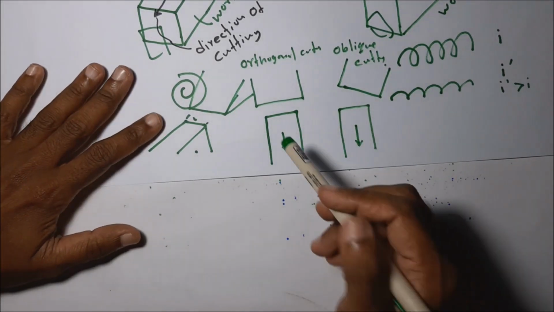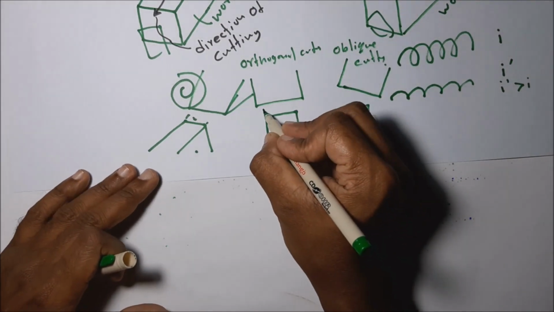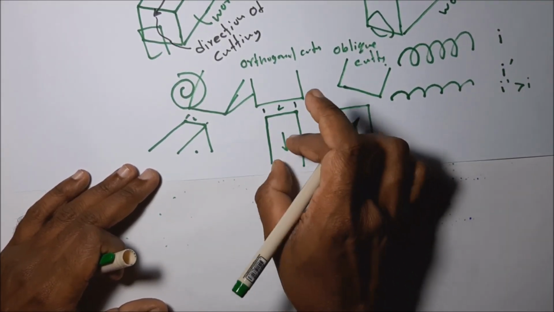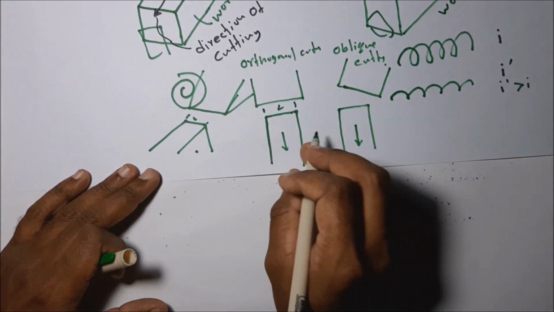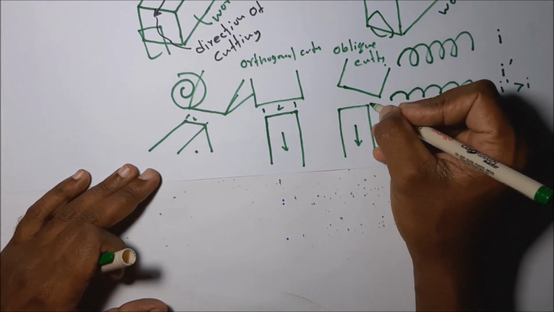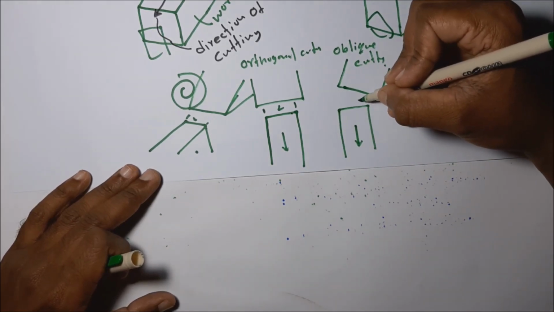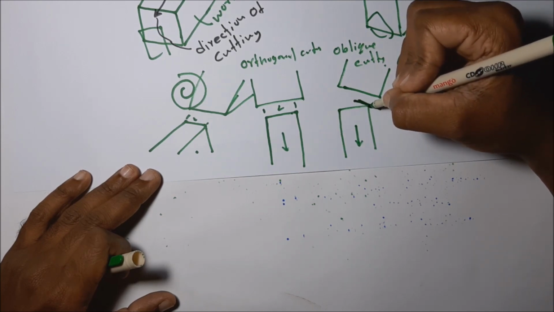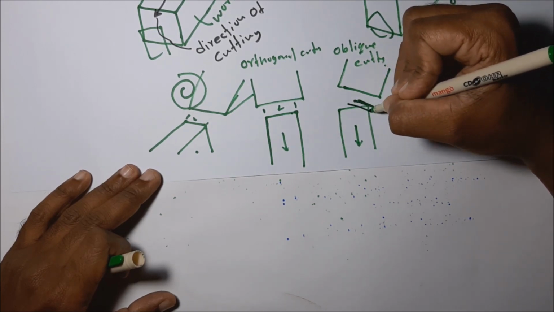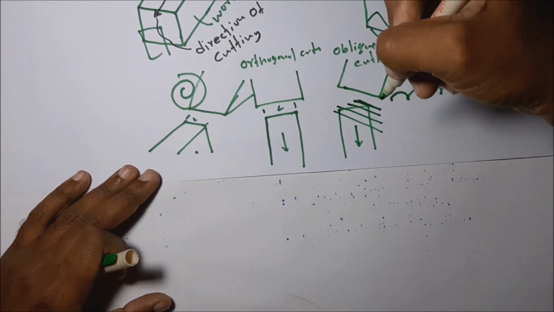You can see in orthogonal cutting operation, the tool suddenly engages along this length to the workpiece. But in oblique cutting, it is a very smooth engagement. It engages from a small length area, then gradually enters the workpiece, not suddenly.